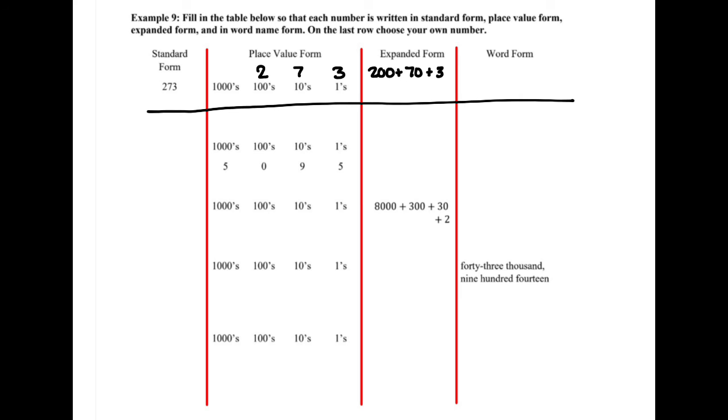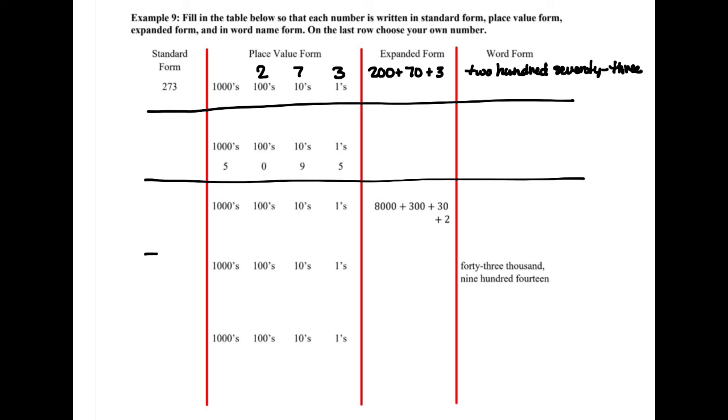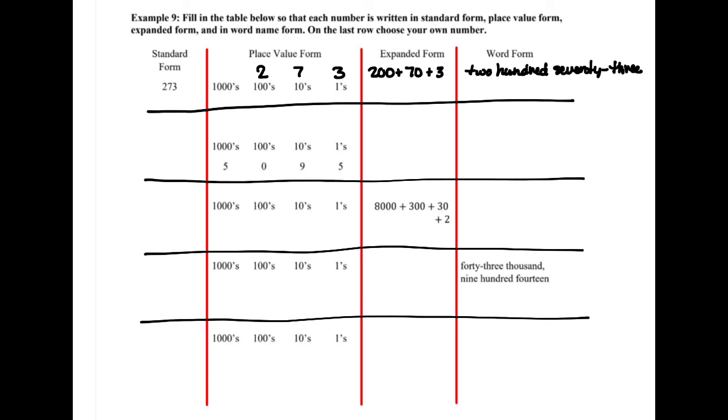Word form is 273, so we're going to hyphenate it. And there you go. So we're going to do each one of those sections like that. Okay, so each time they give you a different portion.